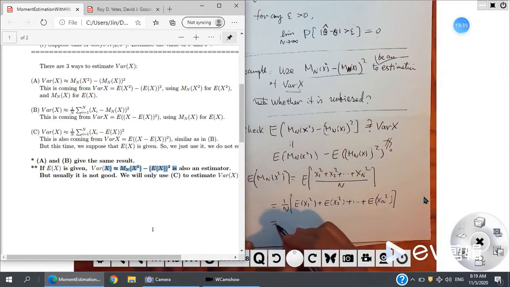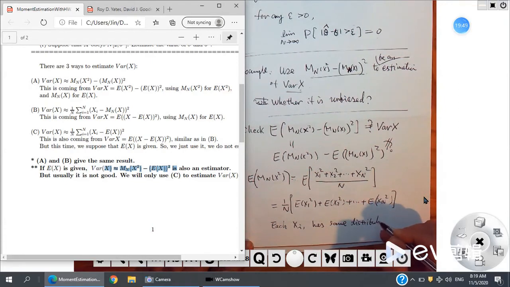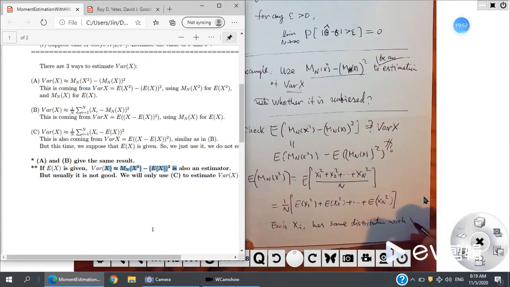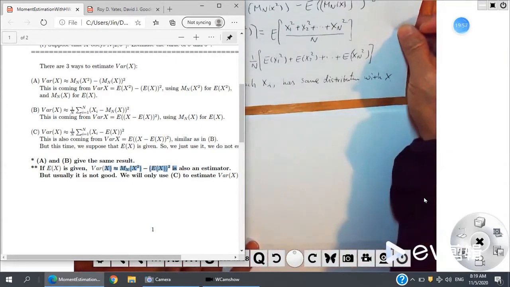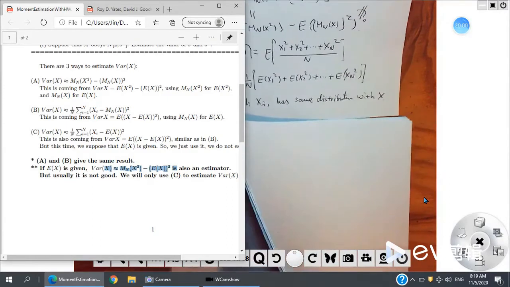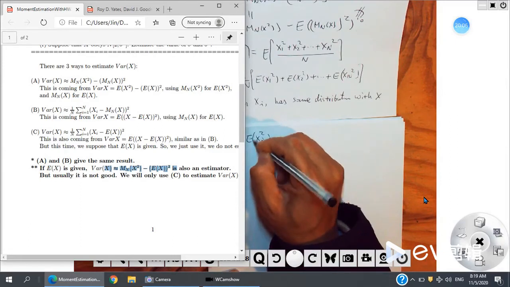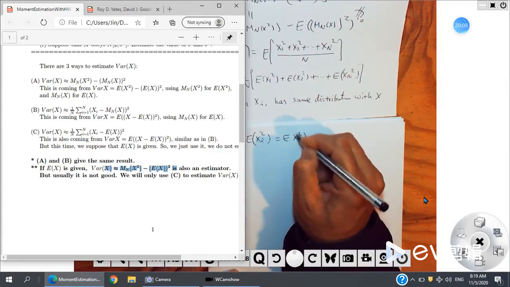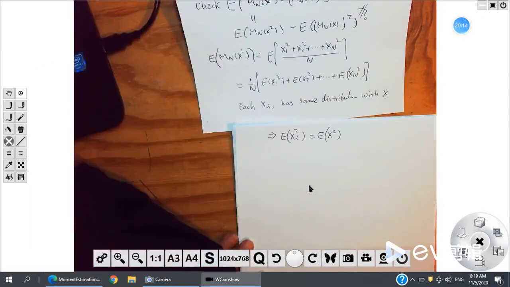Right, we have these. And each xi has the same distribution as x, right? It is a sample of x. It's still x, so same distribution. Then E of xi squared is just E of x squared, the same thing.